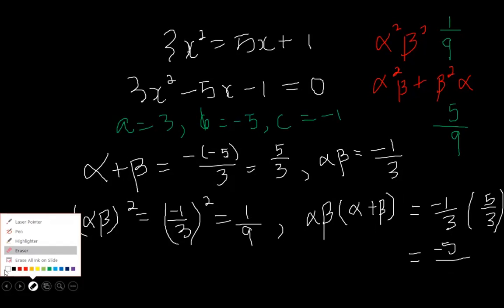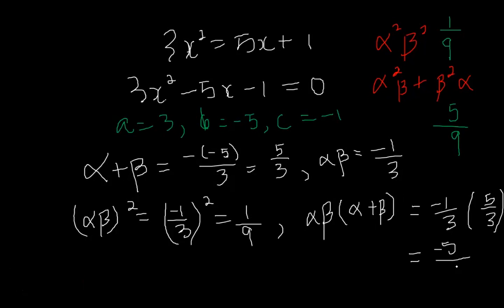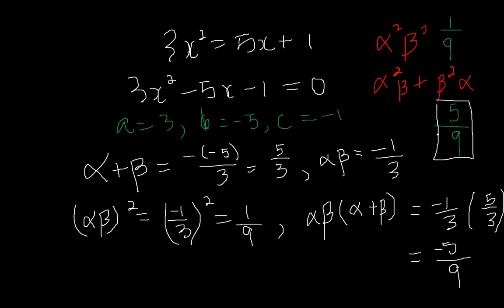So, the person who told me 5 on 9, you understand why it's minus now? The person who gave me this answer, was this your answer or did you actually have the minus?